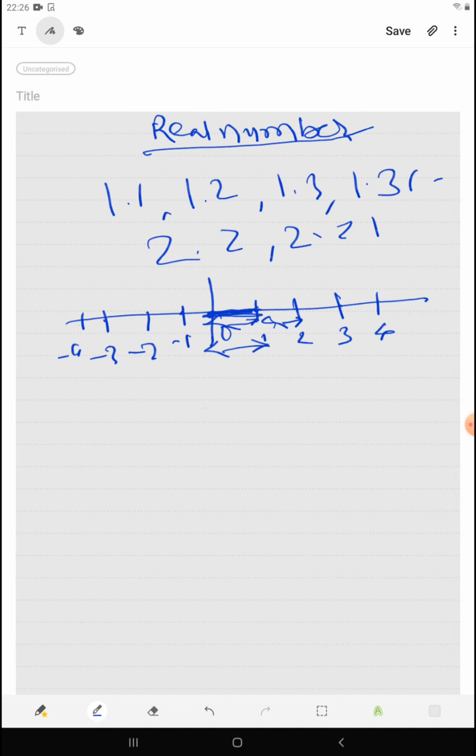Similarly, between 1 and 2, or between 0 and 3, we have infinite real numbers. So we represent real numbers on the graph as a straight line. We draw between the points we are told, and draw a straight line between those 2 points. So they are called real numbers. Okay.